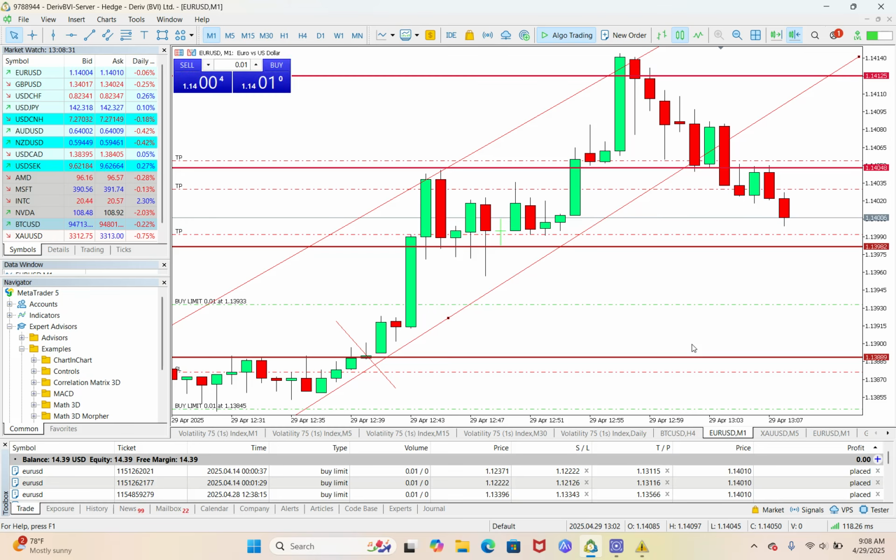If you can master this strategy with a sizable account of, say, for example, a $1,000 account, you can risk, with one trade with a standard lot of $1, $50 to make $100, or $50 to make $300, or $50 to make $250.